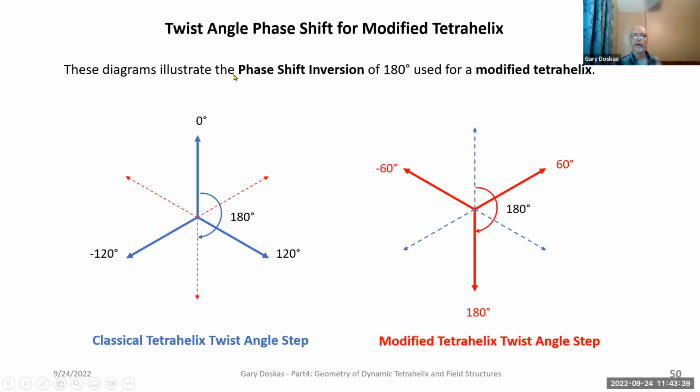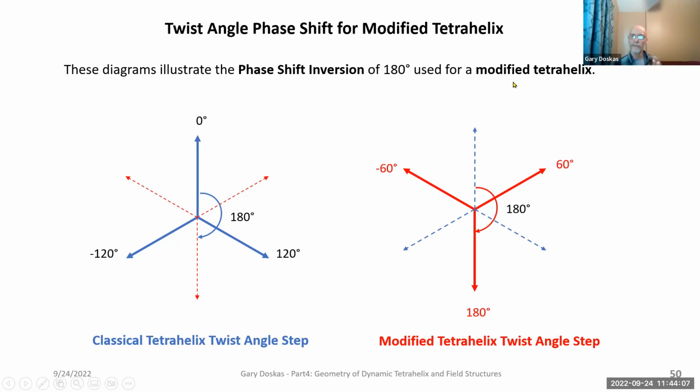So this is just a diagram that illustrates this phase shift inversion I'm talking about. So in blue here is a classical tetrahelix with the 3 rotations of 0, 120, and minus 120. If you rotate these axes by 180, you get the result in this red diagram, which shows the 3 new twist angles of 60, 180, and minus 60.